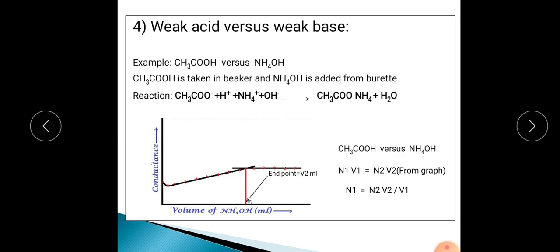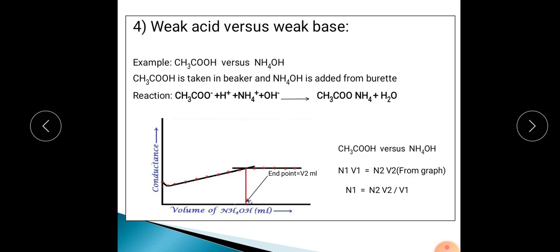So the nature of the graph obtained here is, in the beginning, for acetic acid conductance is less. On adding NH4OH, a strong electrolyte is formed, so conductance increases sharply. After the end point, conductance either remains the same or in some cases increases slightly.